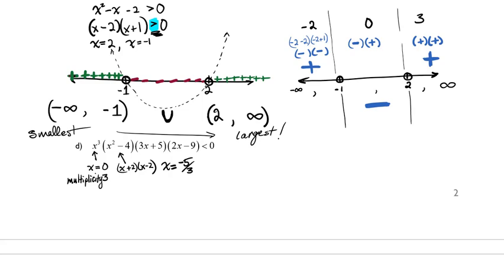I can set the 2x minus 9 equal to 0, and when I solve it, x equals 9/2. I can also set these two binomials equal to 0, and it will give me x equals -2 and x equals 2. So these are all the roots or points along my polynomial.